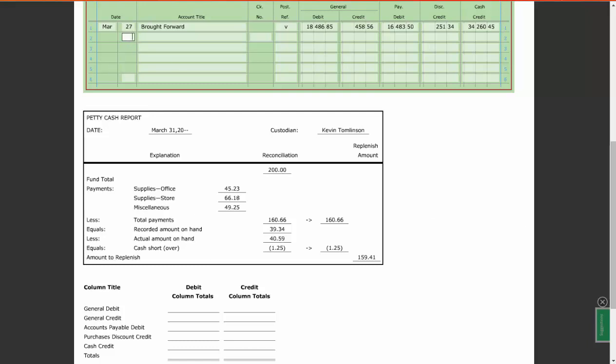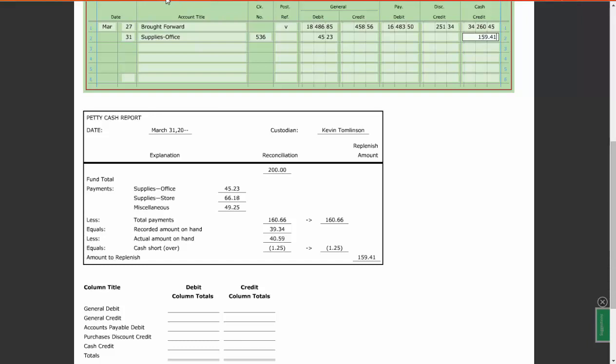The date of this is going to be the 31st. Supplies office. Check number, I forgot. 536. Oh, yes, thank you. I was having a hard time finding it. We're going to do a debit of $45.23. How much am I writing my check out for?